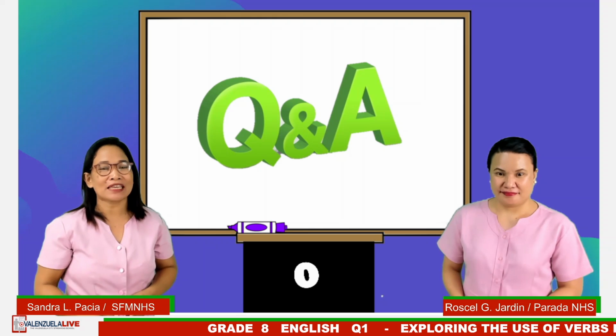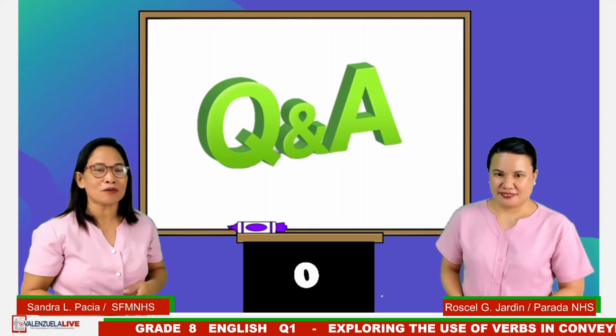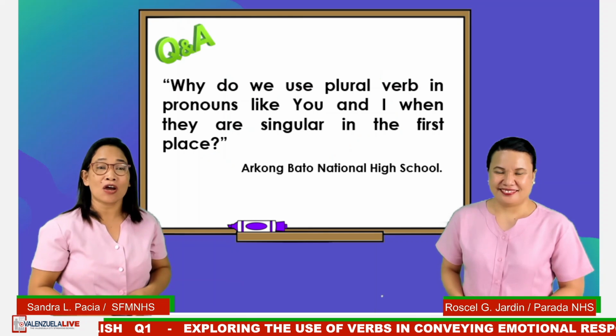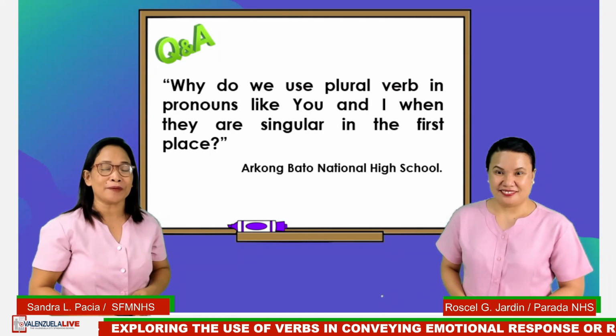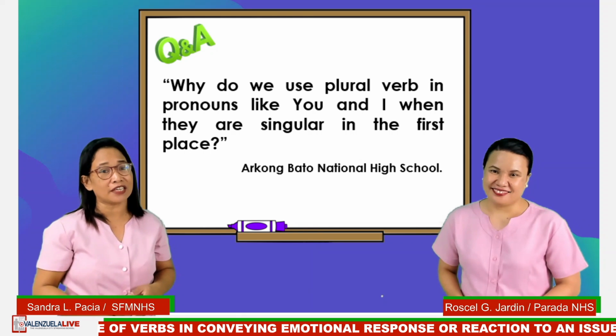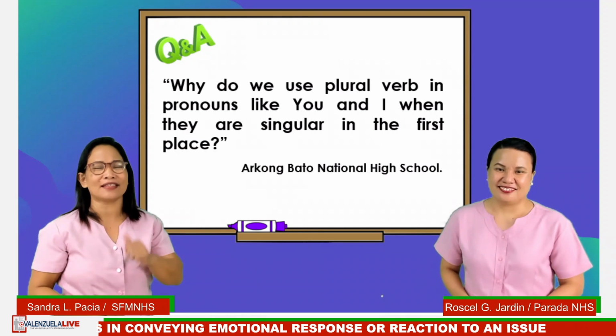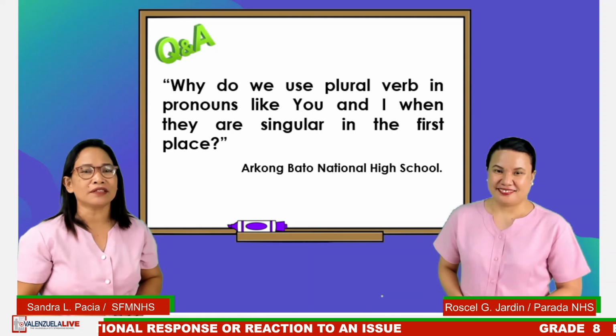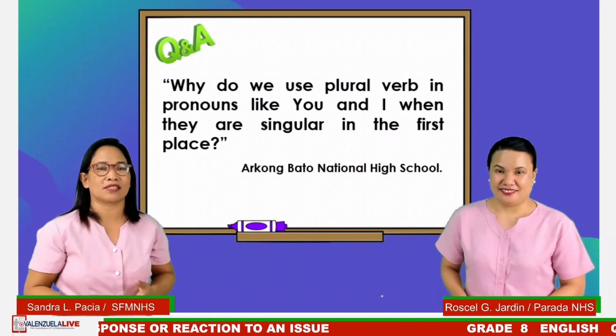Thank you, ma'am. The first question is from Arcong Bato National High School. The question is, why do we use plural verbs with pronouns like you and I when they are singular in the first place? Excellent question. Remember this, class: in every rule, there are always exceptions.